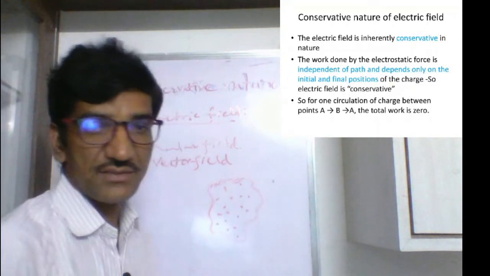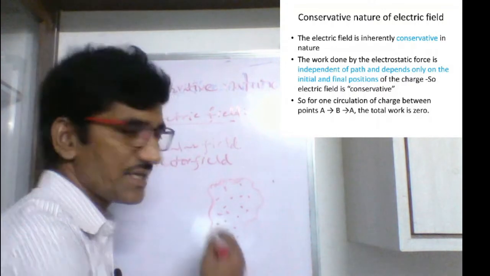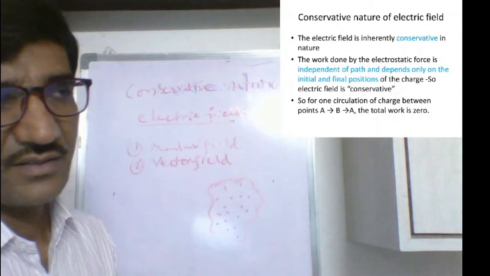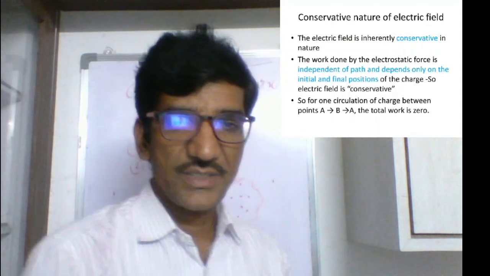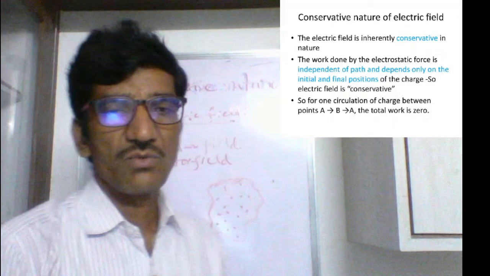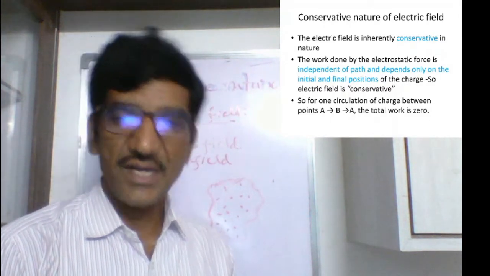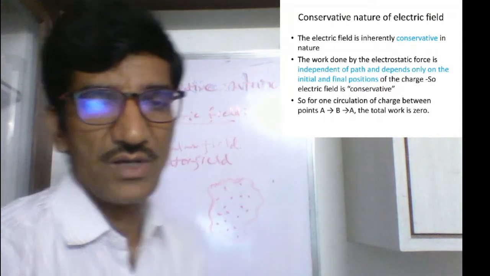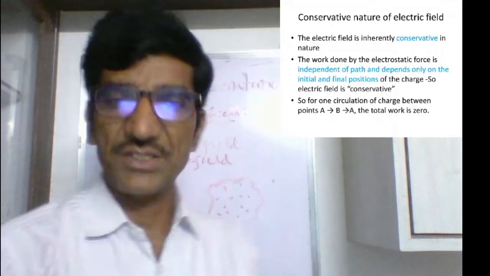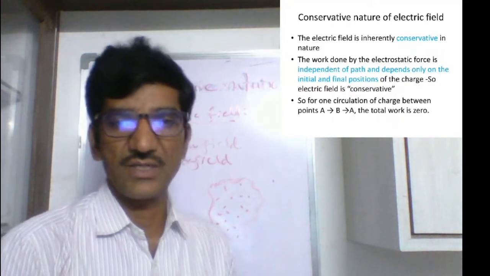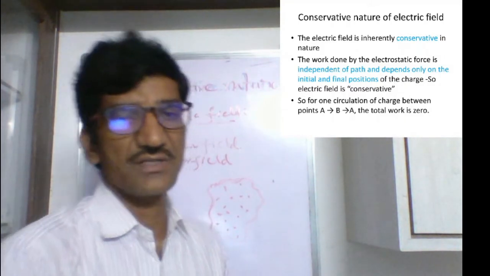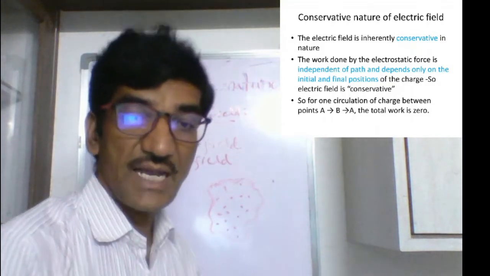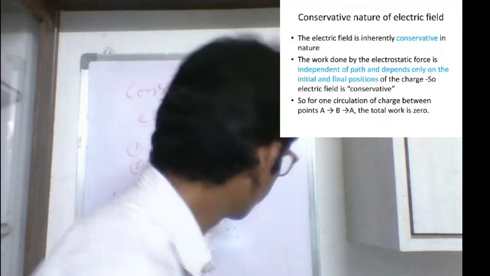If it is a vector field, you can attach at each and every point of the field a vector. That means you are taking a physical quantity which is having both direction and magnitude. In case of scalar field, you are choosing a physical quantity which is having only magnitude. The question of direction does not arise for that quantity.